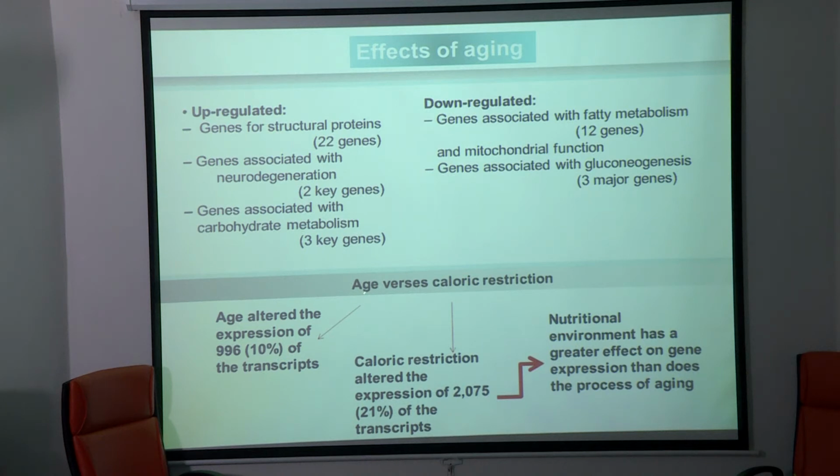And when age versus calorie restriction studies were conducted, they saw that age altered the expression of 996 of the transcripts, whereas calorie restriction altered the expression of 2000, 11% more of the transcripts. So what does it indicate? That the nutritional environment has a greater impact on the gene expression than does the process of aging. So you can couple both of them and get the take-home message: eat less, live long. Eat healthy, of course.